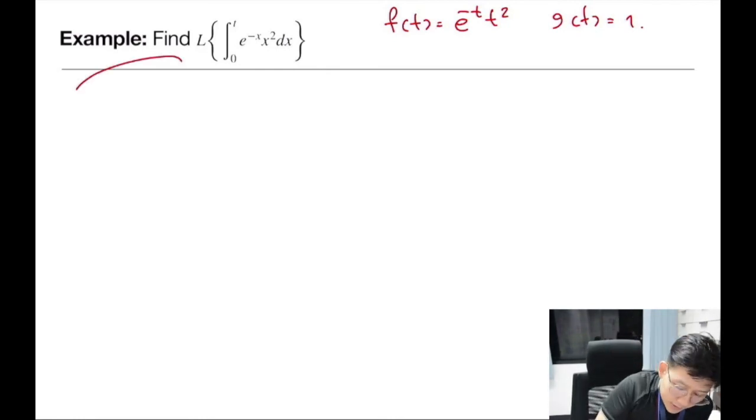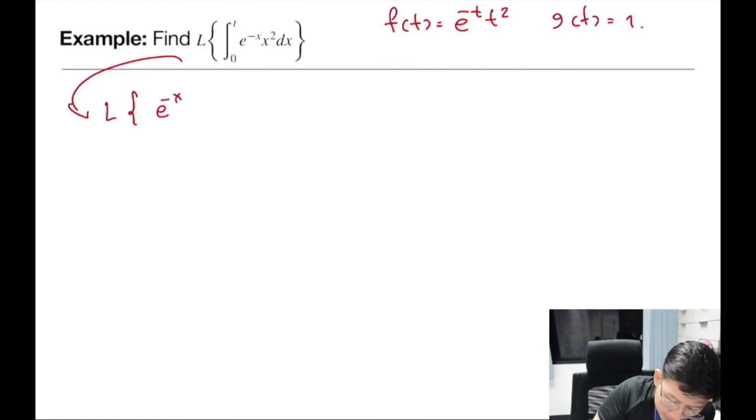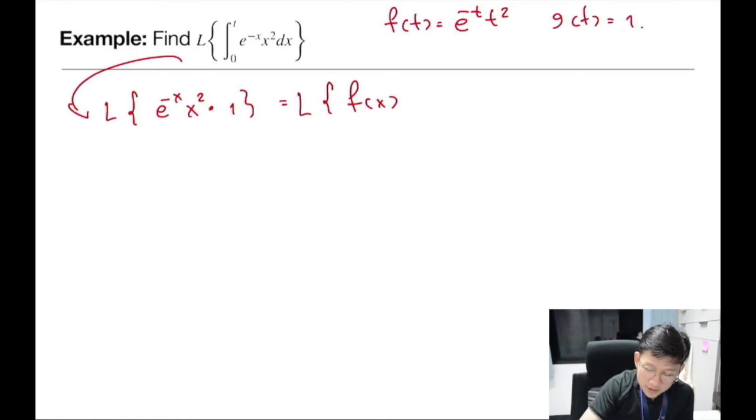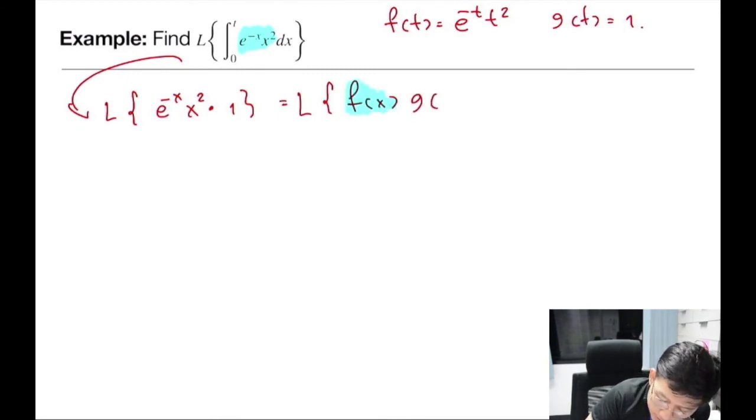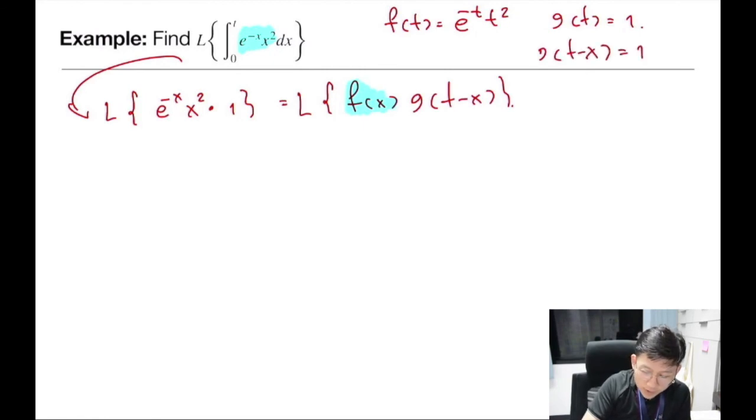So this Laplace transform is actually the Laplace transform of e to the minus x squared times 1. f(t) is e to the minus t squared, so f(x) is e to the minus x squared, which is this guy. And then I can write g(t minus x). Because g(t) is 1, g(t minus x) is 1 as well.